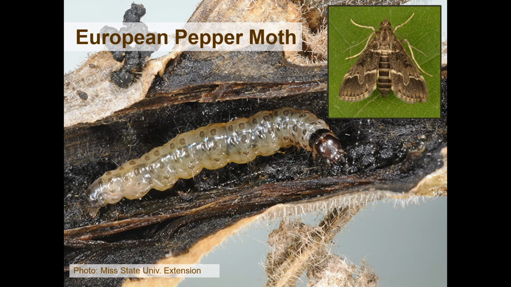The European pepper moth is the other pest that can cause this kind of damage in chrysanthemum crops. The moth is a fairly nondescript brown moth, shown in the upper right corner. The larvae attacks the stems, digging into them, as shown here, hollowing out that stem, making it its home, kicking out frass.